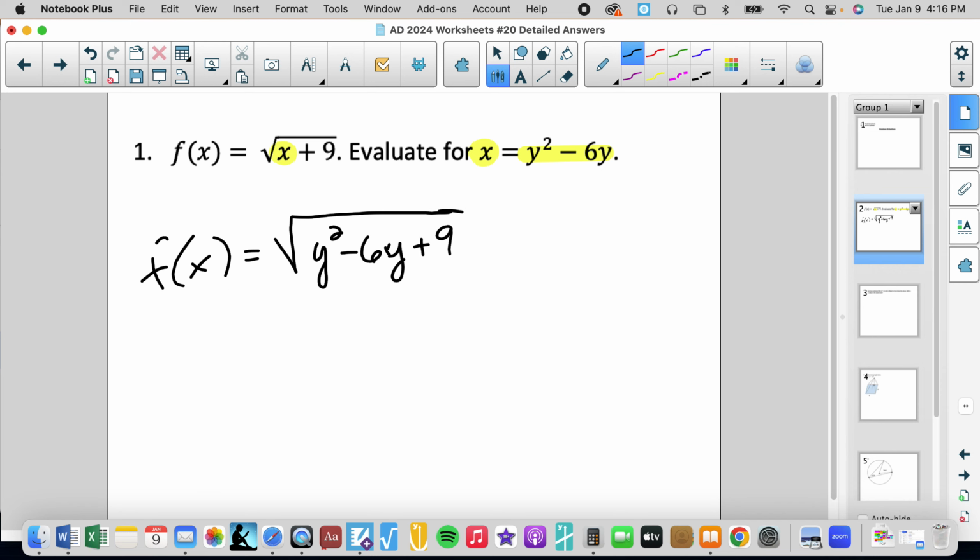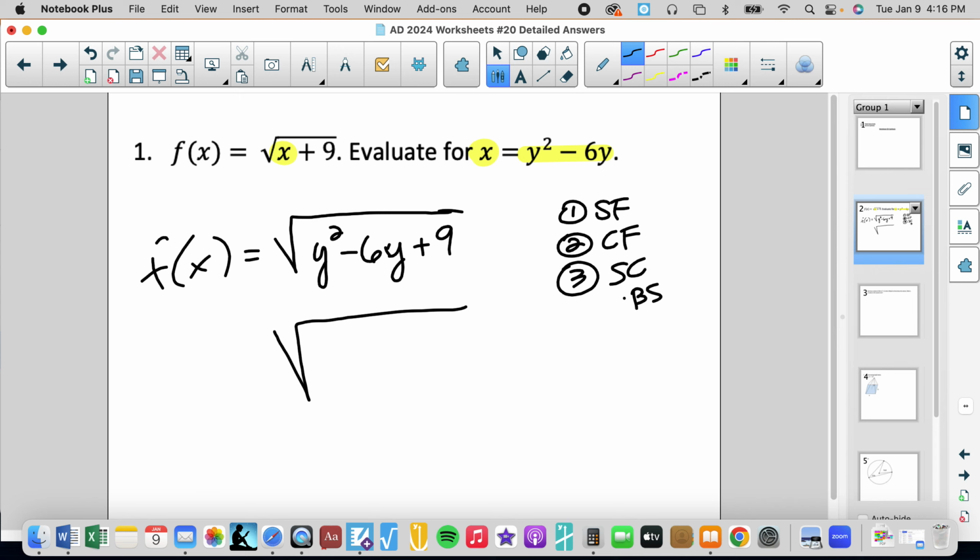And you should notice, is it in standard form? Yes. Is there a common factor? No. Is it a special case, meaning a binomial square or the difference of squares? Difference of squares is always two terms.